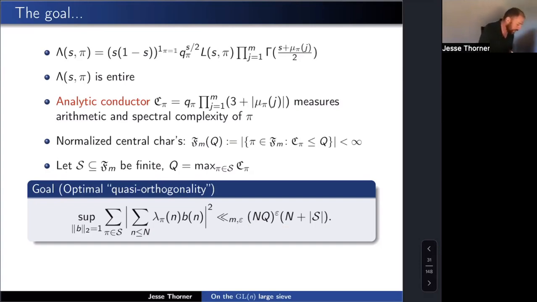And so again, you can think of a matrix A constructed by taking entries λ_π(n), where π is varying in your family S, and n is varying up to big N. You look at the matrix A star A, and you want to bound its largest eigenvalue. And the best that you could hope for is a bound like this.